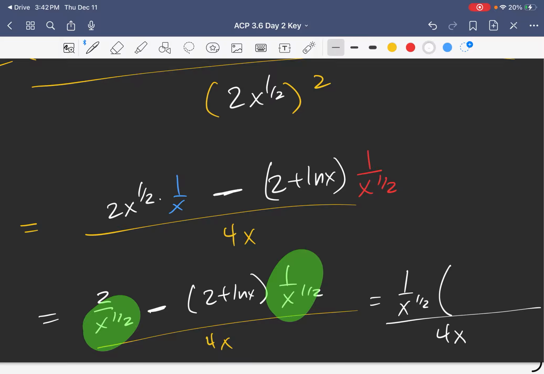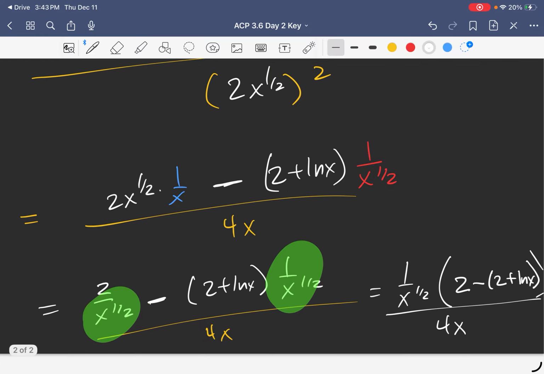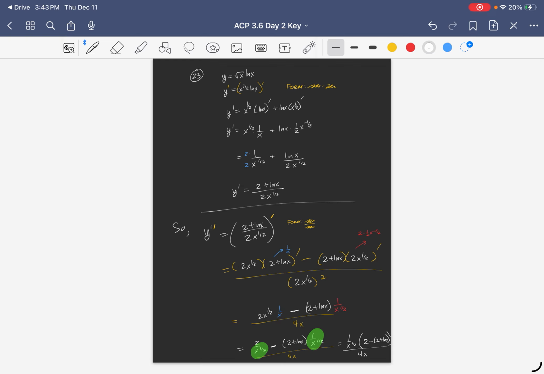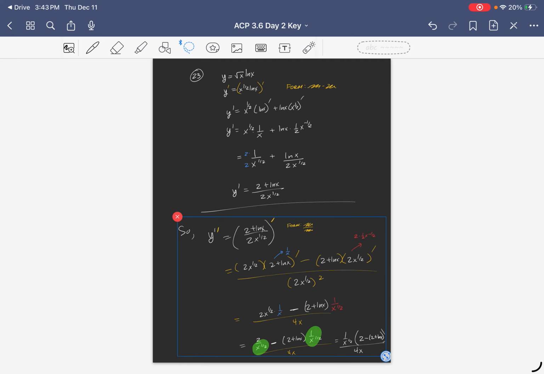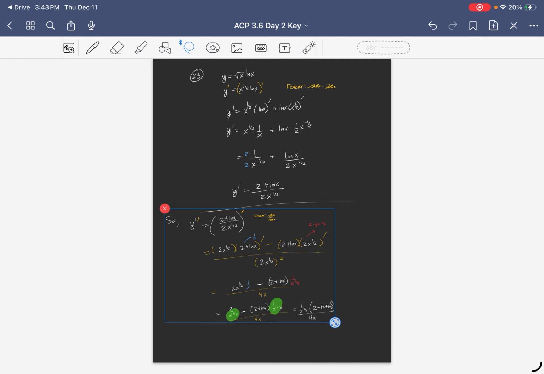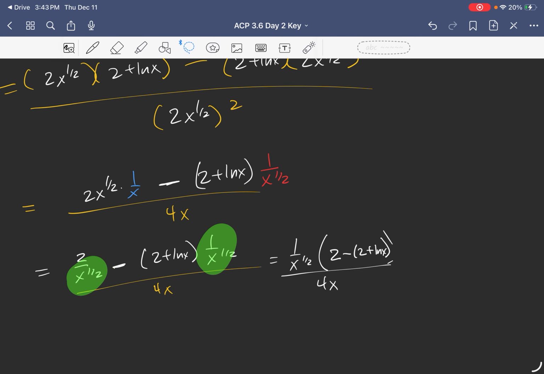What I have left is 2 minus 2 plus ln x, parenthesis. And so if I give myself a little bit more room, I'm just going to resize all this. Just 1 second. A little bit of room is going to go a long way.